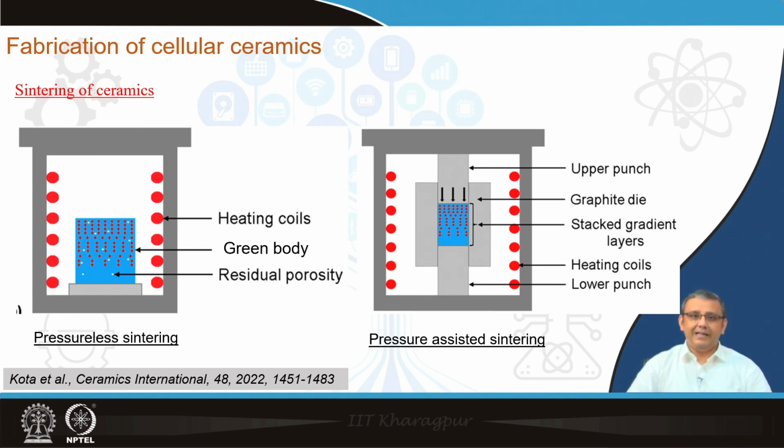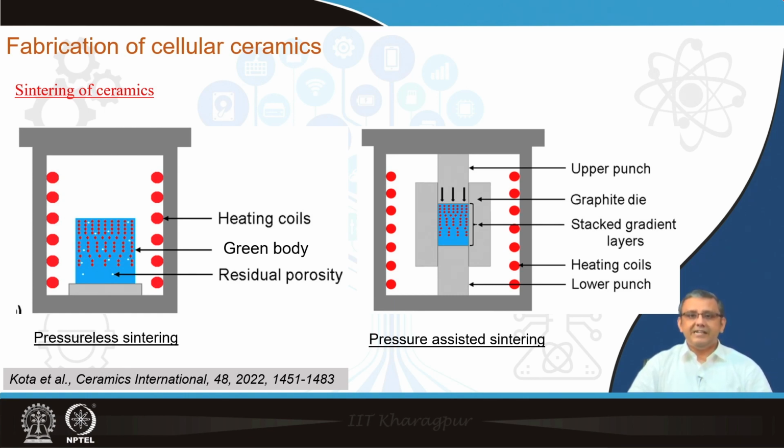Because of pressureless sintering, it is normally very difficult to obtain 100% densification. So, there remains some porosity between the particles as shown by these white dots in this schematic image.